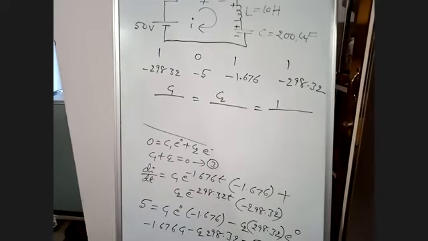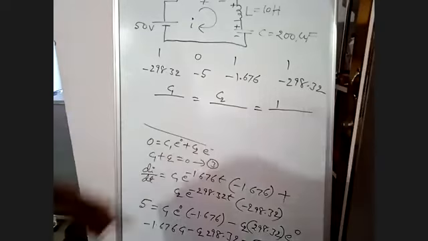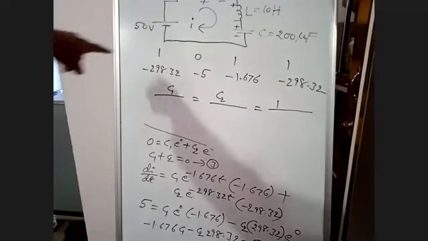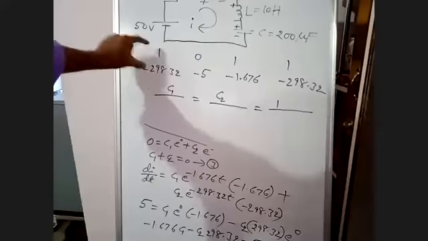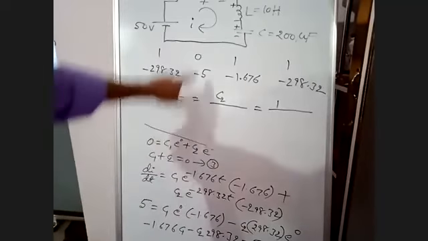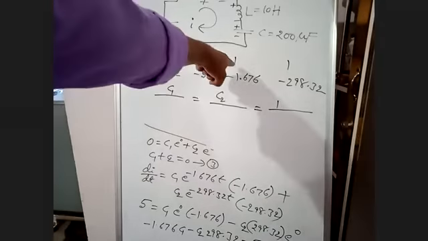First I am writing down the C2 coefficients. In equation 3, what is the C2 coefficient? The C2 coefficient is 1, and in equation 4 it is minus 298.32. These two are the C2 coefficients. These are the constants: 0 and minus 5. Next are the C1 coefficients.